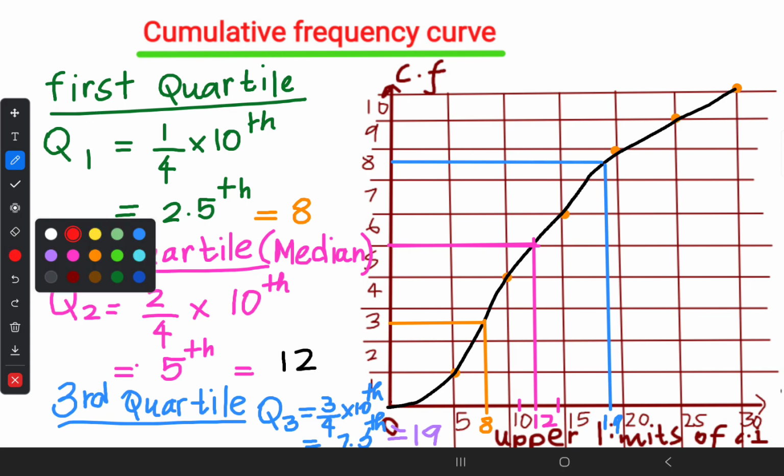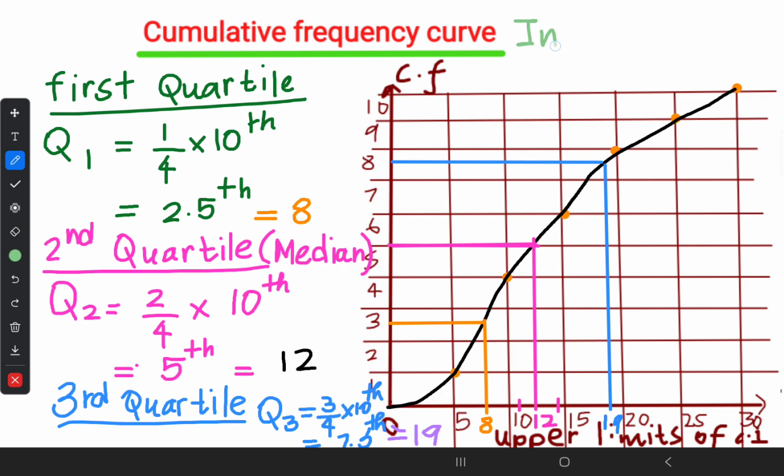Then finally, the interquartile range. I will write it here. The interquartile range would be Q3 minus Q1.